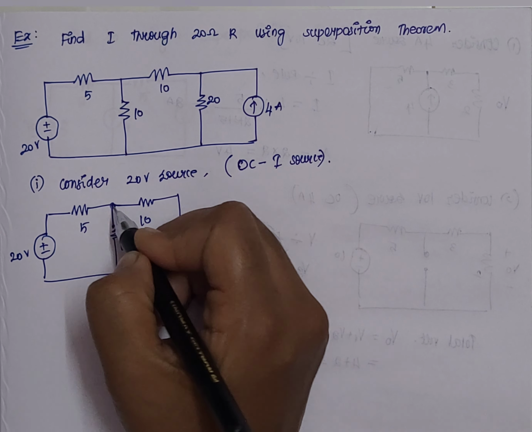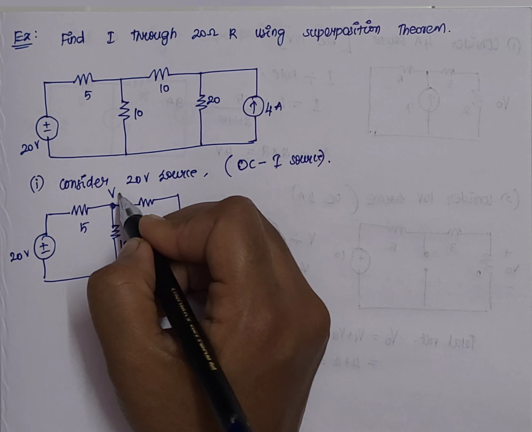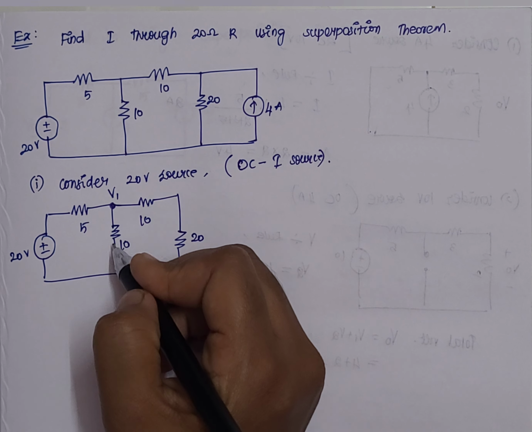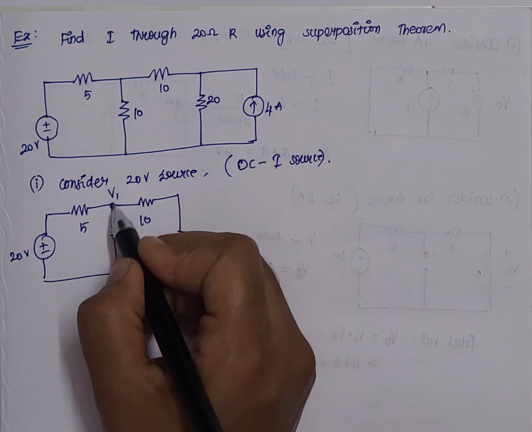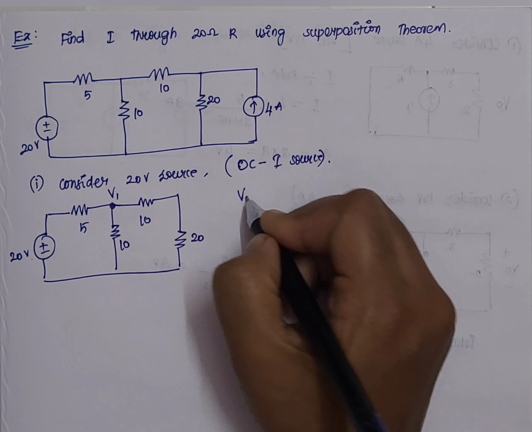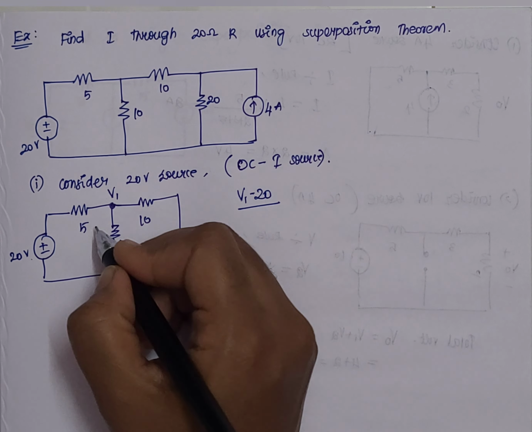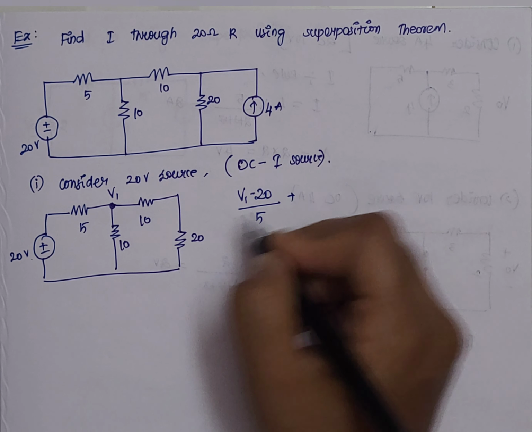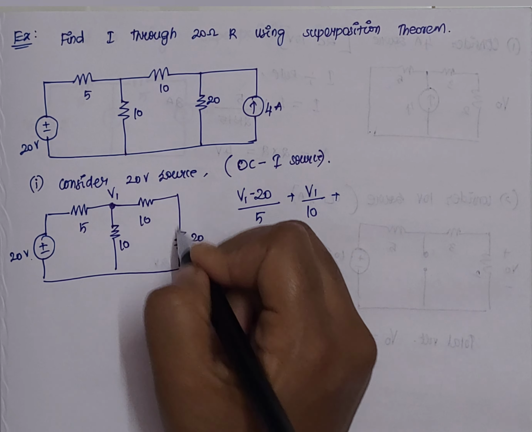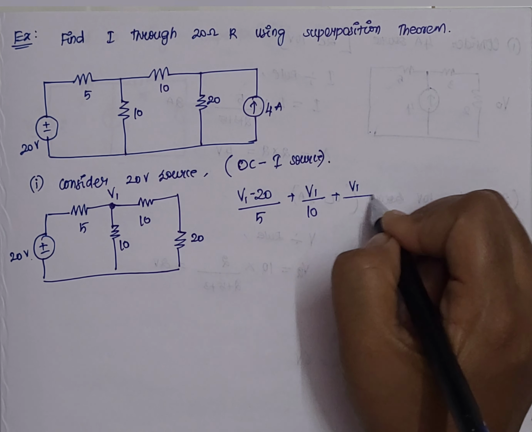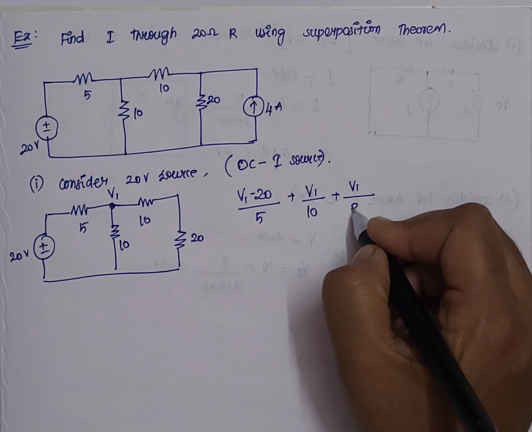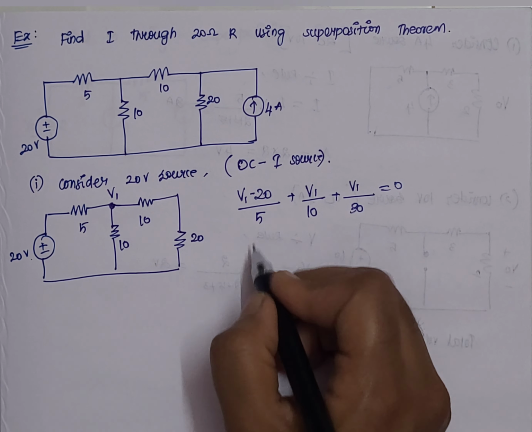The remaining minimized circuit will be in this way. Here we have a node, and let it be V1, the nodal voltage. We can write the nodal equation for this node V1. So V1 minus 20 divided by R value 5, plus across this branch V1 divided by 10, plus across this branch V1 divided by 30, since 2 resistors are connected in series, 10 plus 20 is 30, which is equal to 0.